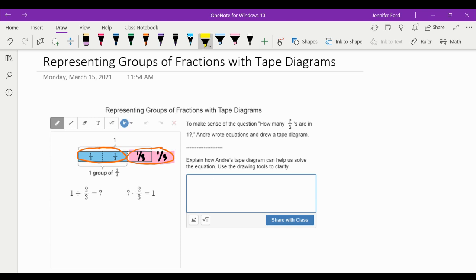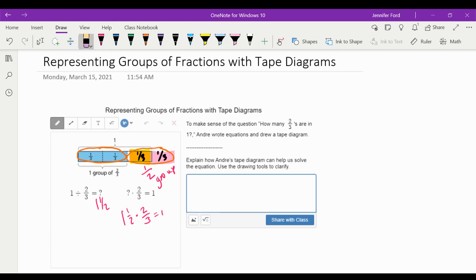I only have this half right here. So I have one part, but I need two parts to make a group. So this is 1/2 of a group. So 1 divided by 2/3 is 1.5. And 1.5 times 2/3 equals 1.